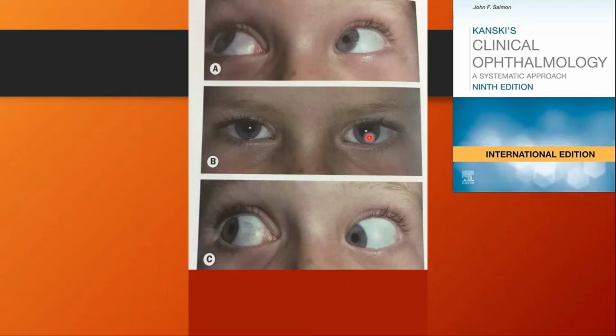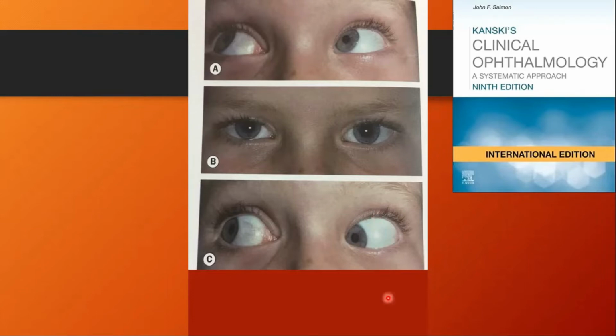So compare here the width of the palpebral fissure. It seems to me that both eyes became wider, but ignore this for a while and focus on the left eye, because this is the affected eye, the left Brown syndrome, and you can appreciate the widening of the palpebral fissure.